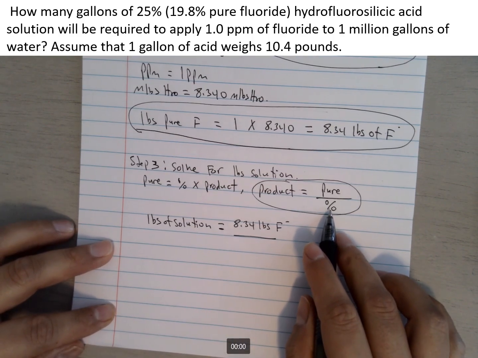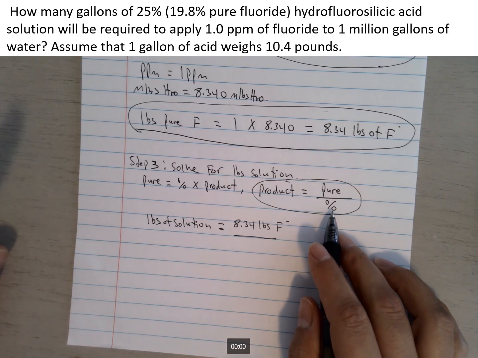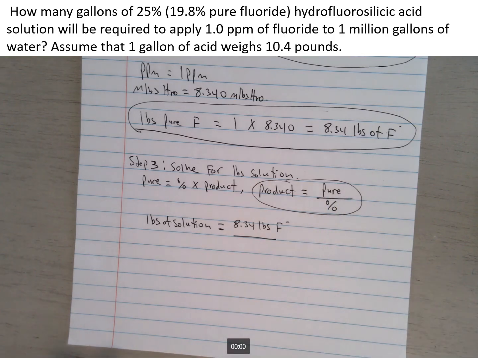In the problem statement, however, it gave us two different percentages. It gave us 25% hydrofluorosilicic acid, and it gave us 19.8% fluoride ion. So the decision that we have to make is which one do I use. If I use 25%, that would be incorrect, because 25% represents the percentage by weight of pure hydrofluorosilicic acid, of the whole molecule.